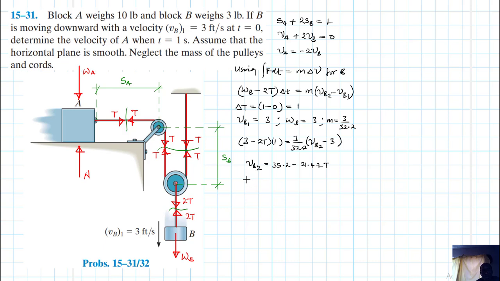But we know that our VB here is equal to VA divided by 2. Therefore, our VA is 35.2 times 2, which gives 70.4, and 21.47 times 2, we have a minus 42.94T, plus 70.4.